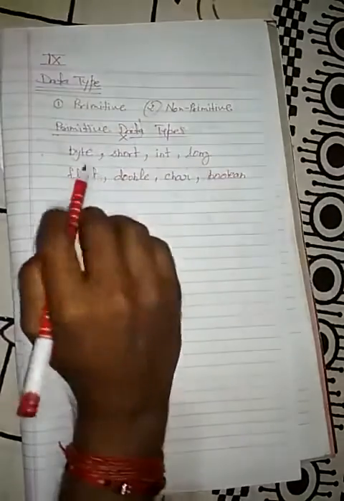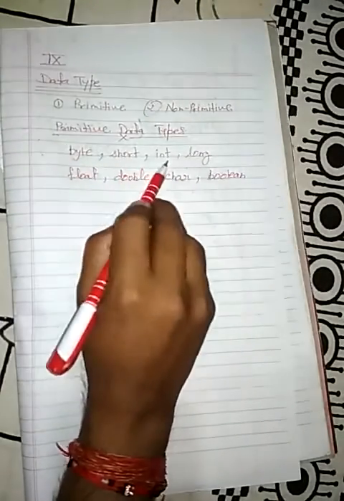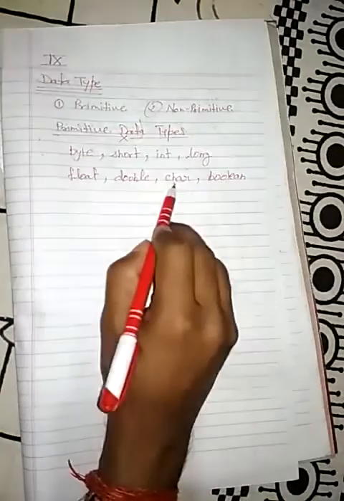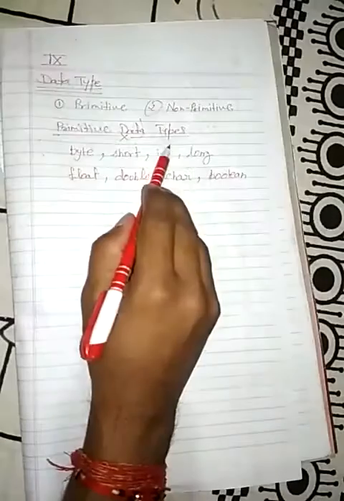Now you can see here there are 8 types of primitive data types: byte, short, int, long, float, double, char, and boolean. These are the primitive data types.